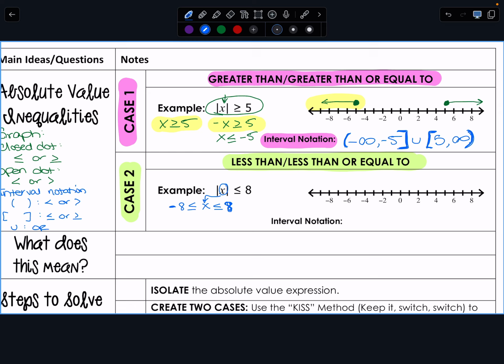There's nothing I can do anymore to this because x is already by itself. So all I can do is graph this. And I'm everywhere in between negative 8 and positive 8.